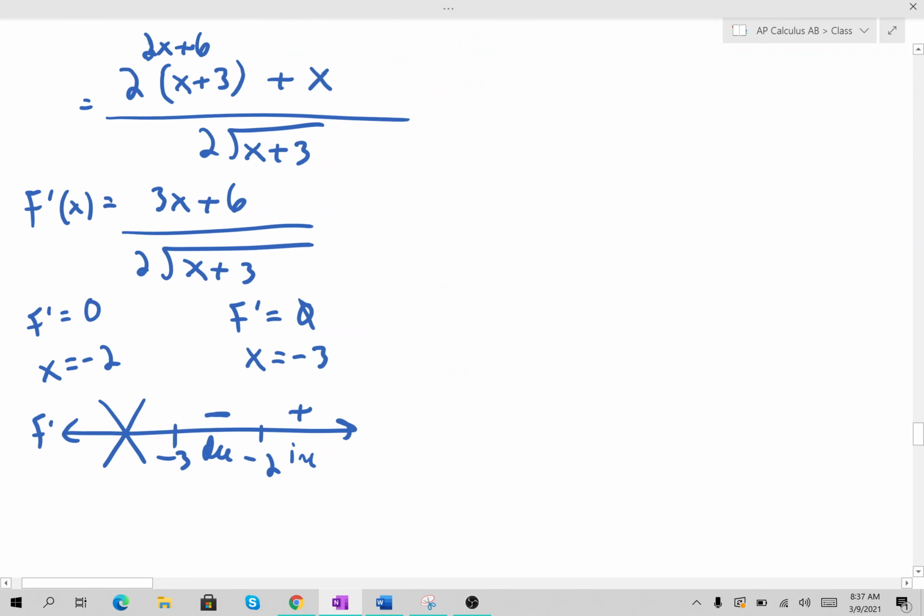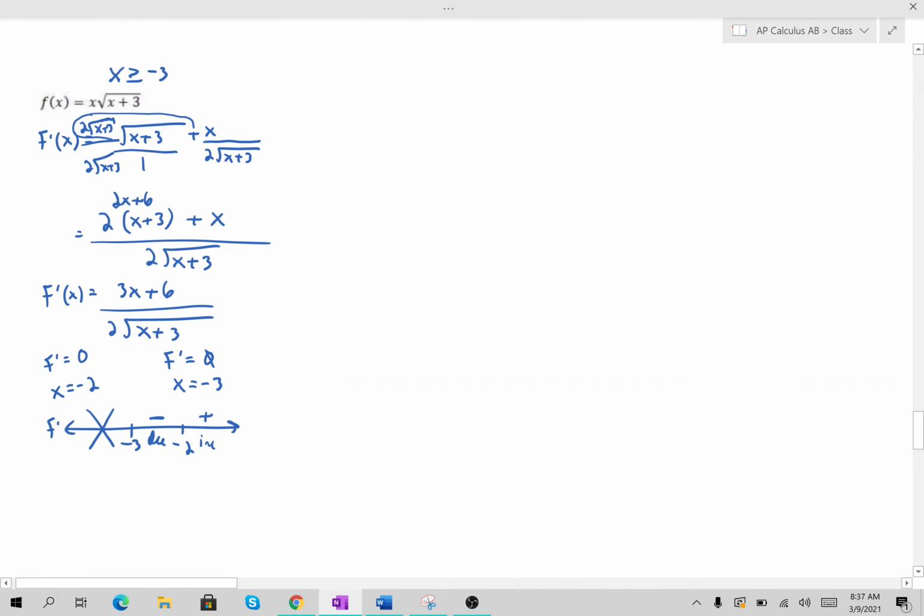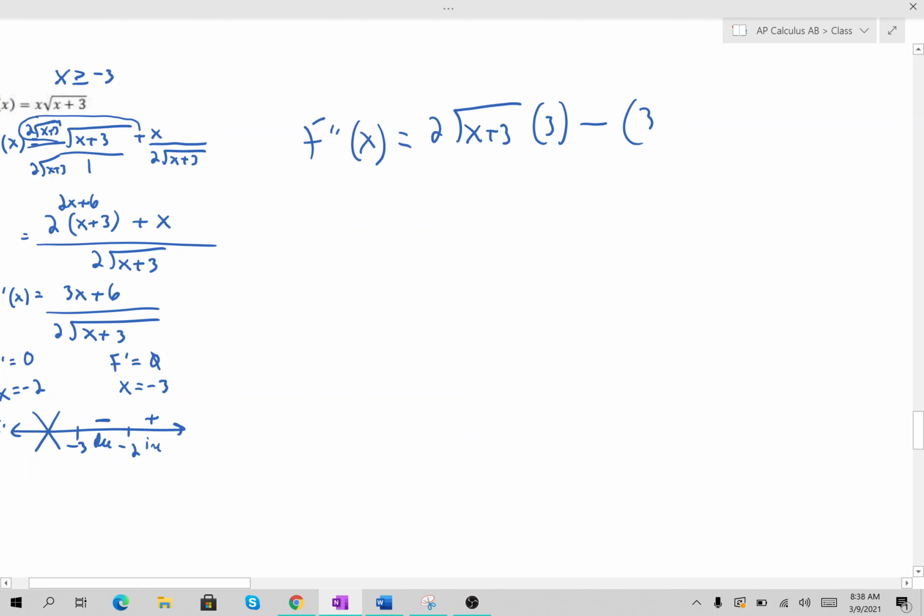And then we've got to find that second derivative. So we'll come over here, f double prime is derive low, d high, which is a 3, minus high, d low. But think about that denominator. It's 2 root x plus 3, but that's just x plus 3 to the 1/2 power.